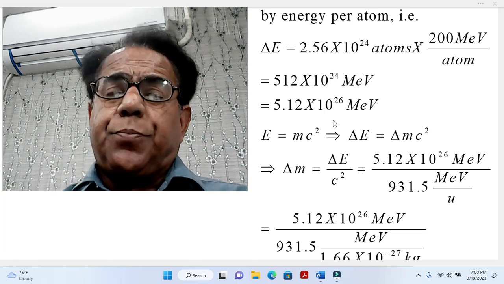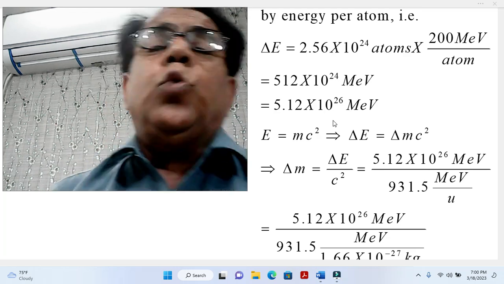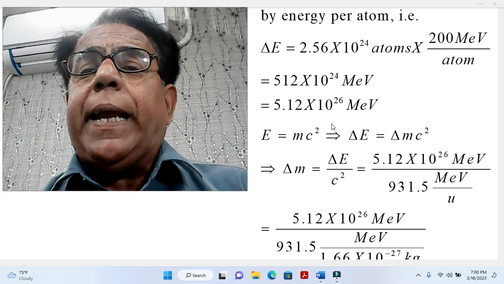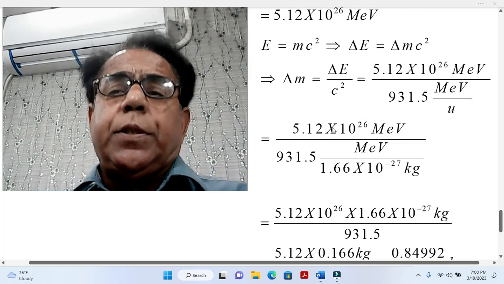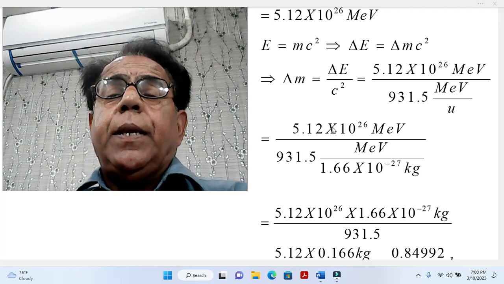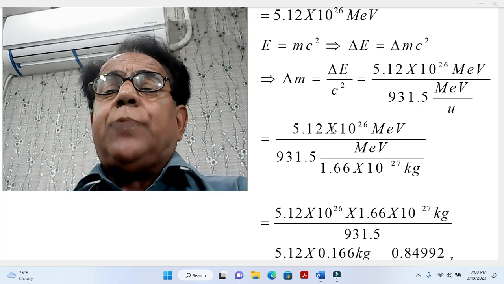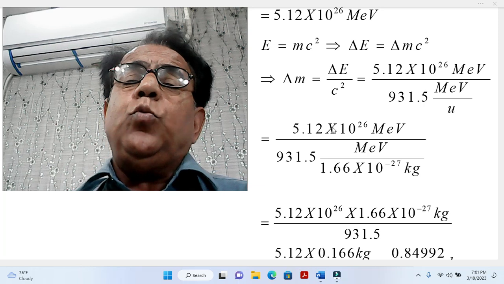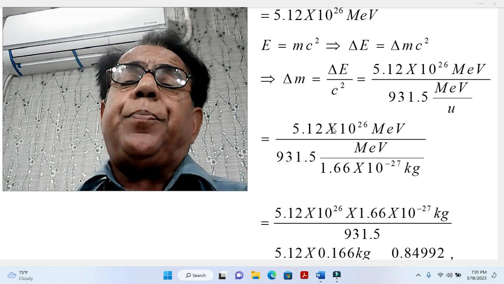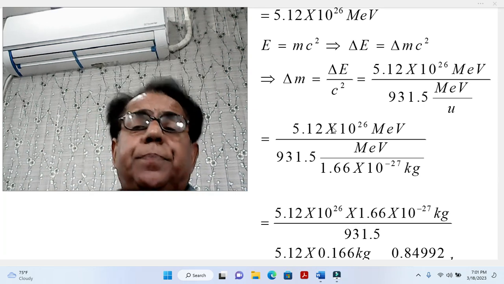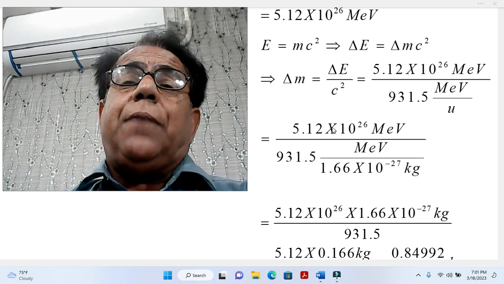This value has been repeated in 2 or 3 tools which we have shown earlier. Hence delta M becomes equal to 5.12 into 10 to the power 26 million electron volt over 931.5 million electron volt over U. In place of U we have used this value, because we have also mentioned this value in our tools. This is not a new quantity. This conversion has been explained in our toolkit.